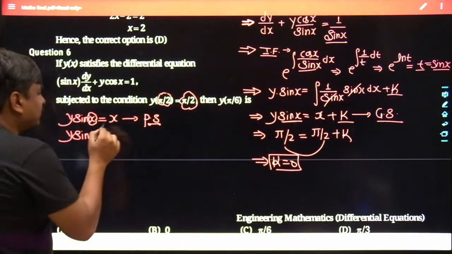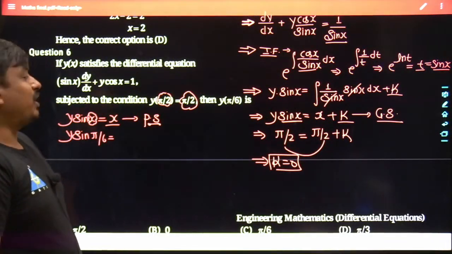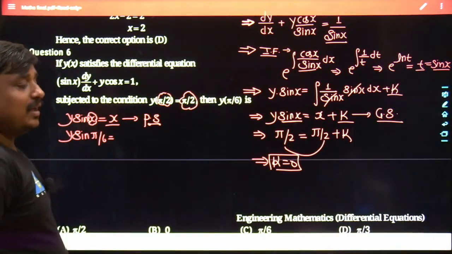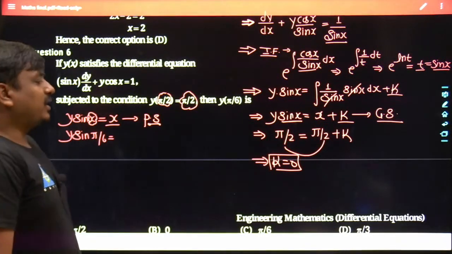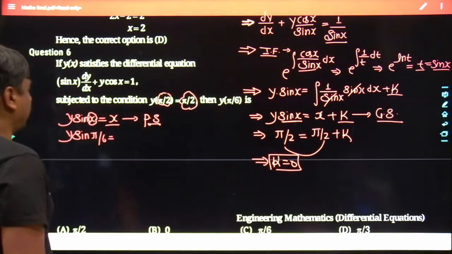But on the right-hand side, x is not inside a trigonometric function; it is a sole function. In that case, you cannot use degrees. If time permits, I will definitely discuss why.